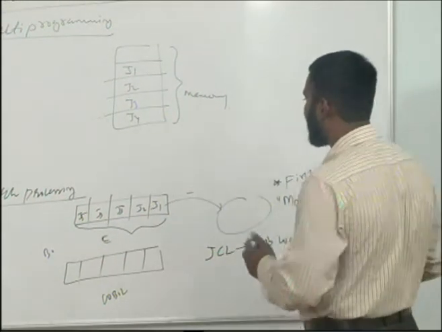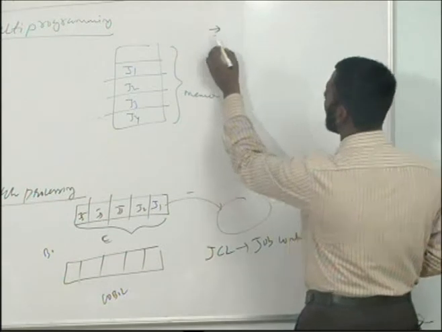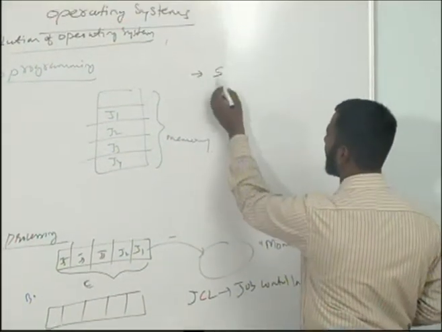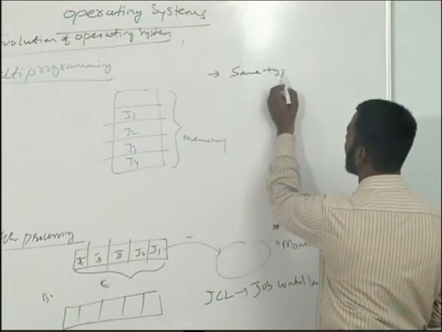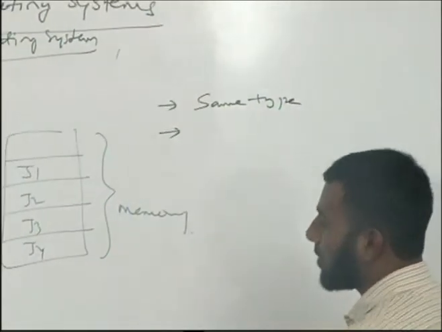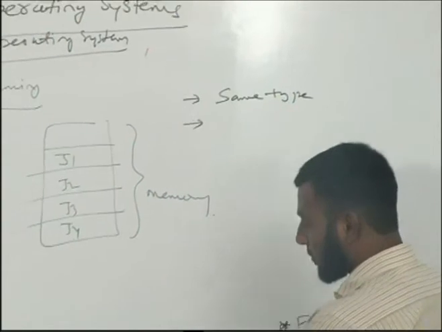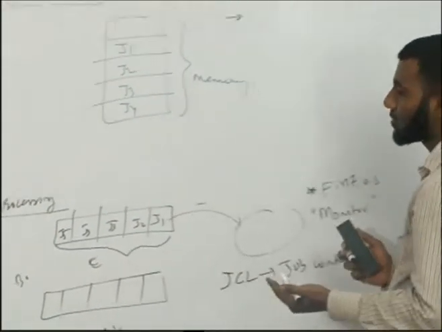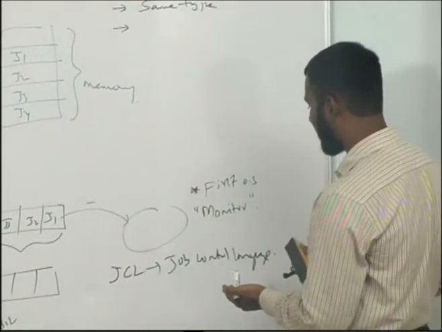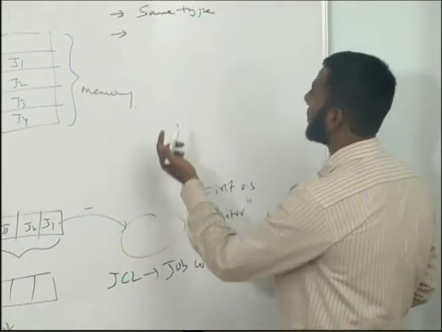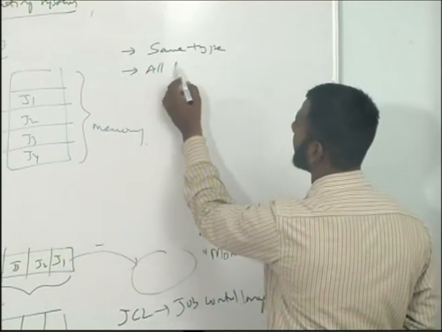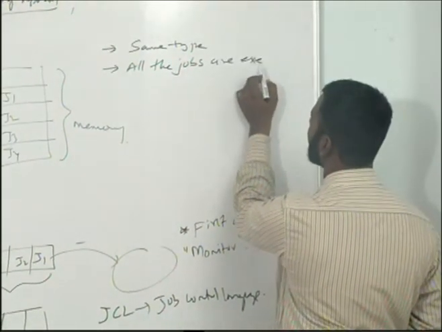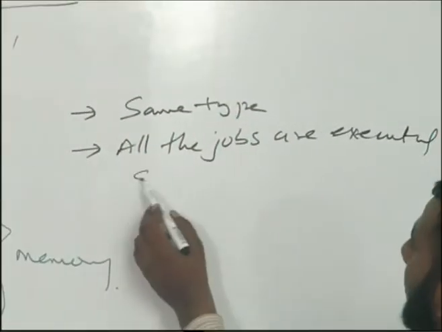In batch processing, yes, it is good that you can give multiple jobs, but all those jobs are of the same type, and all these jobs will be processed by the CPU in a sequential manner. Okay, that's why it's also called job sequencing. So all the jobs are executed sequentially.